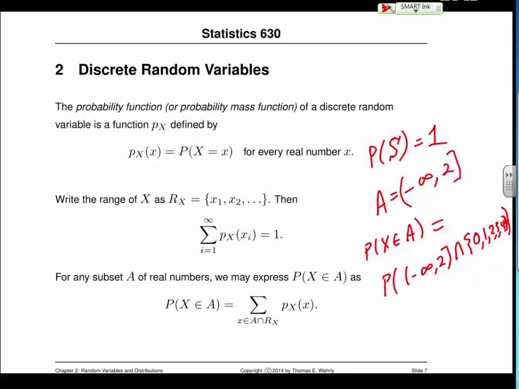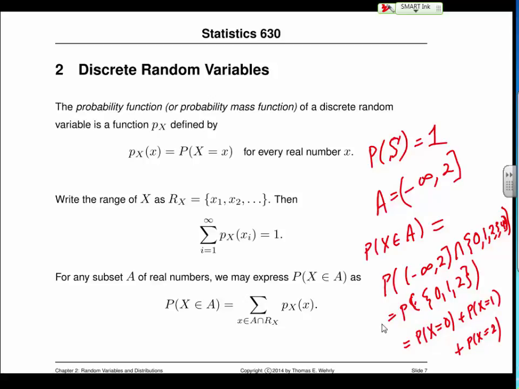Okay, so my range of X was 0, 1, 2, 3, and 4. So the intersection of that is just going to be the set 0, 1, and 2, because 3 and 4 are not in A, 0, 1, and 2 are in A. And so I would have the probability that x equals 0 plus the probability that x equals 1 plus the probability that x equals 2.